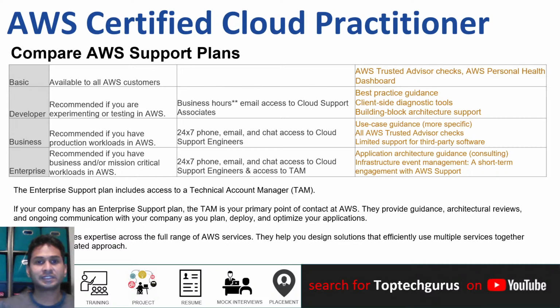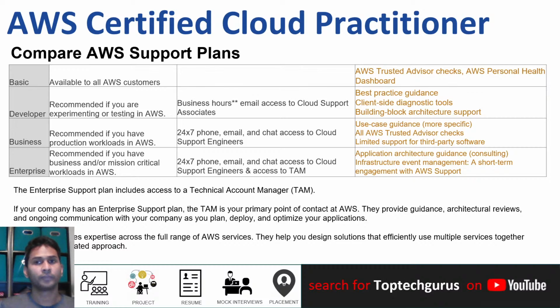What you get with this is 24/7 email, phone, and chat access. You get support engineers who can email back to you, chat with you, and get on a call with you. You get use case guidance. That is, they're a bit more specific with respect to your use case, not industry. Earlier, we saw building block architecture support.